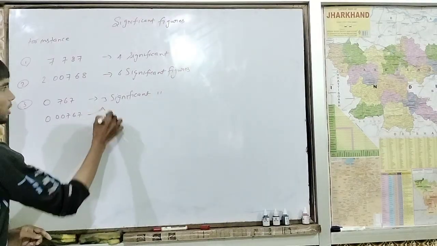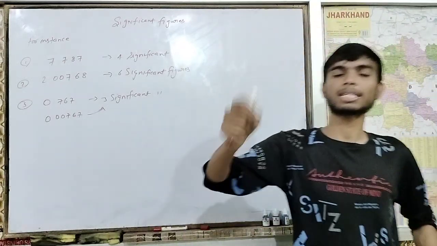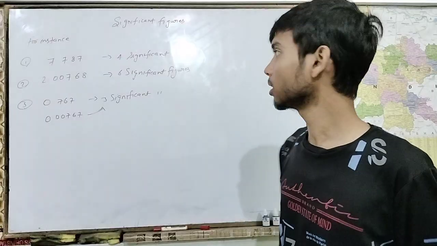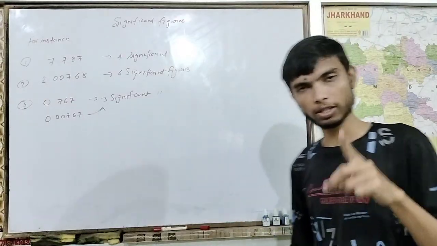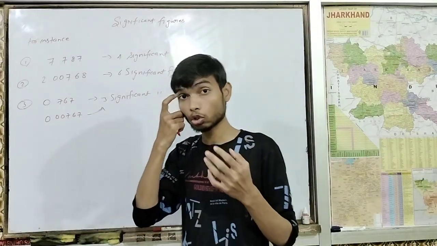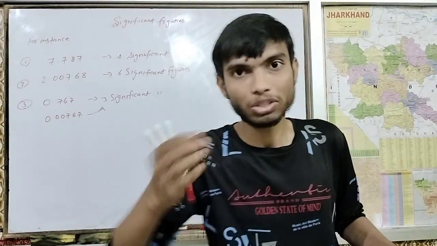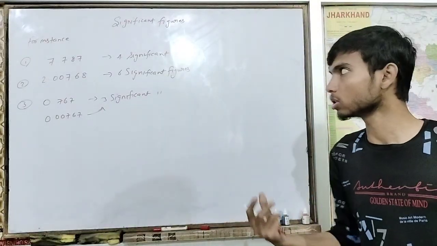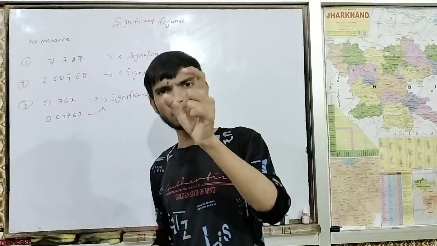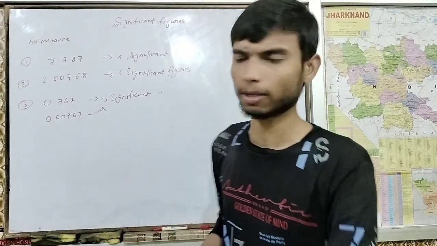There are three significant numbers. So if zero is starting from the beginning, then those zeros will be ignored. But remember, if there are zeros coming between two significant numbers, the rule is very simple and clear: those zeros will be counted as significant numbers.